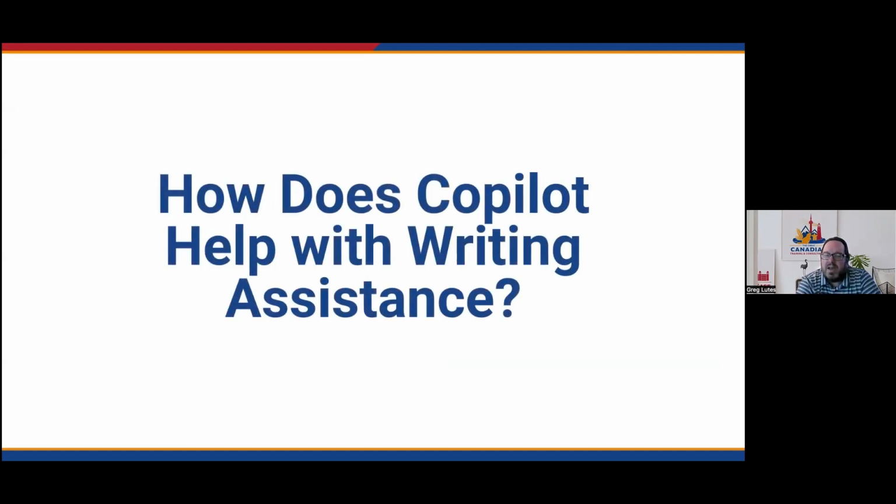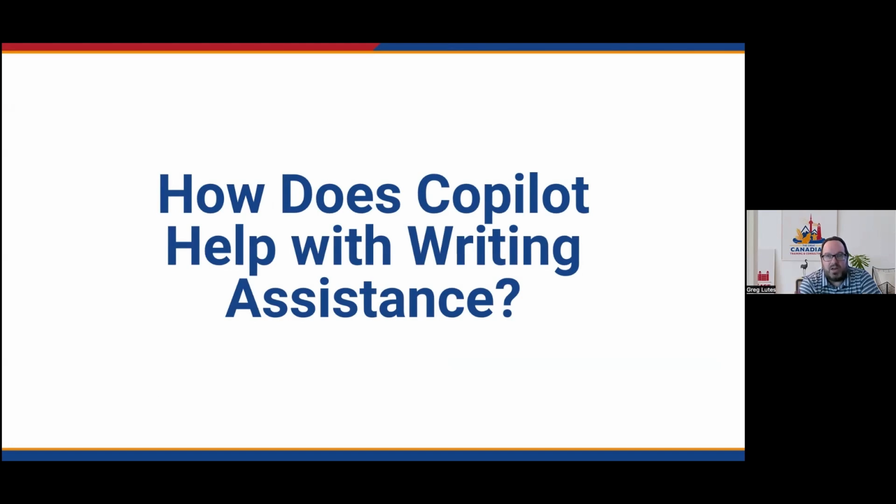Now let's talk about how Copilot works with writing assistants. It works with many different applications. It can help with code generation. It definitely helps with debugging, but you can also do things like write essays or summarize your writing. It also allows you to do creative content generation. So if you're kind of stuck and you don't know what else to write, this is what Copilot is good at.